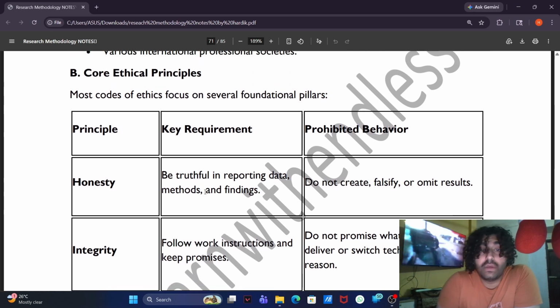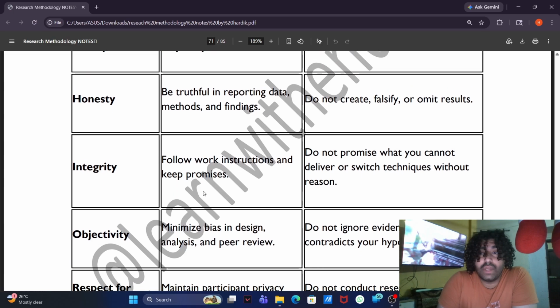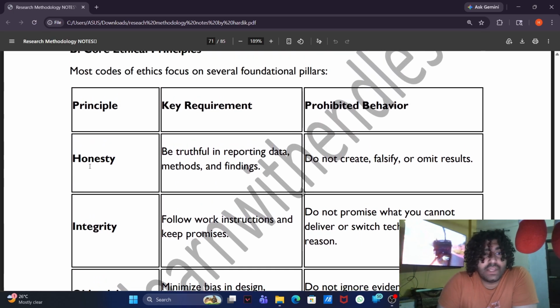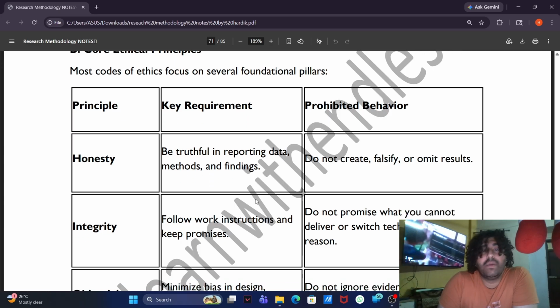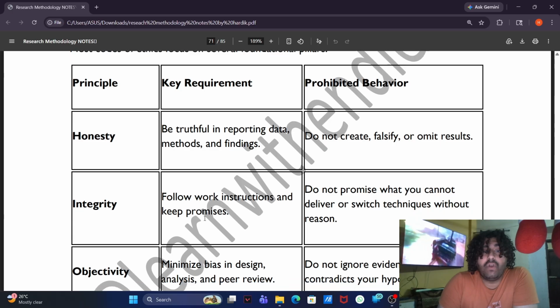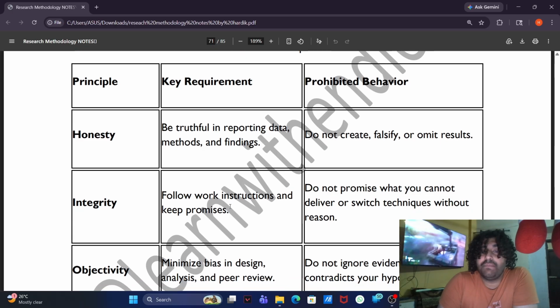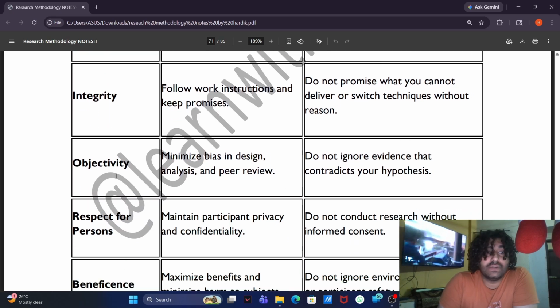It looks good in the answer sheet, sorry, answer sheet, and it gets made quickly. Okay, let's discuss. Principle, core ethical principle: honesty. Key requirements: be truthful in reporting data, methods, and findings. Prohibited behavior: do not fabricate, falsify, or omit. Integrity: follow work instructions and keep promises. Prohibited behavior: do not promise what you cannot deliver or switch techniques without reasoning.